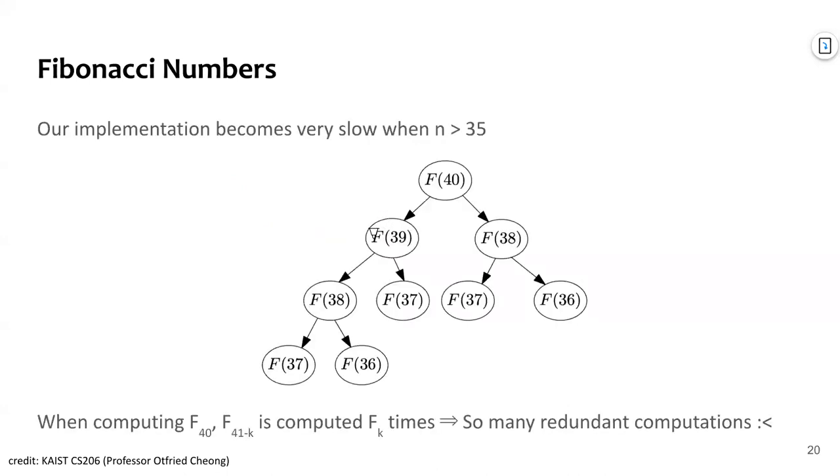Fibonacci 38 comes up here, here, here. And 37 appears here, here, here. And 36 here, here, here, right? So we are doing the same computation again and again. Specifically, when we are computing Fibonacci number 40, Fibonacci number 41 minus k is computed Fibonacci k times, meaning that there are so many redundant computations.